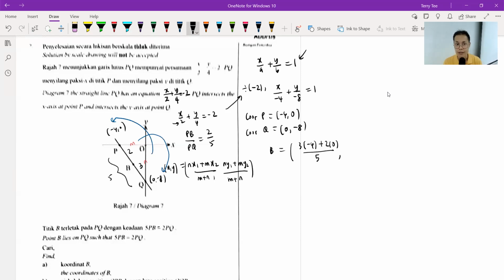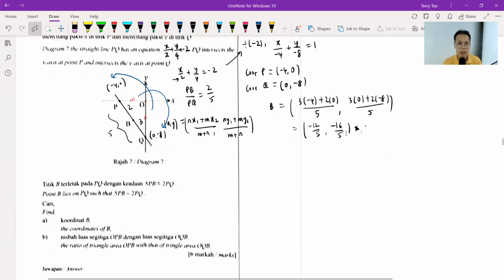My total ratio is 5. Then 3 times 0, 2 times -8, total ratio is 5 again. So let's put them together. This is -12 over 5, because 2 times 0 is still 0. And this would be -16 over 5. There you go. The coordinate of point B is this.